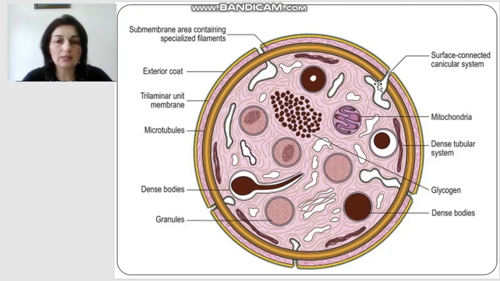The open canalicular system are the canals which have connection with the outside of the cell. In that way they increase the surface area of the cell membrane and facilitate release of the clotting factors outside to assist clot formation.